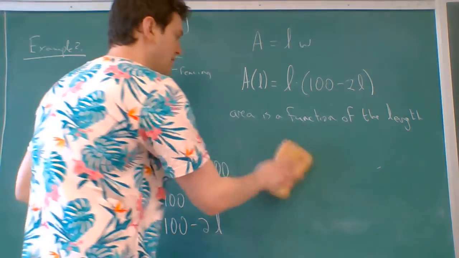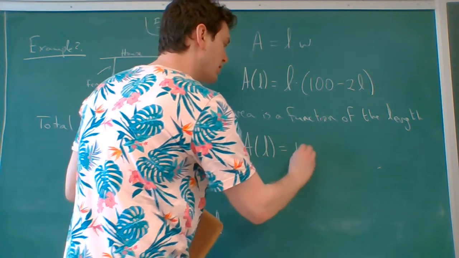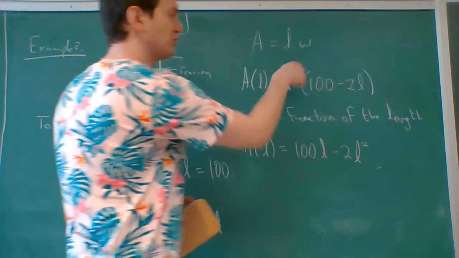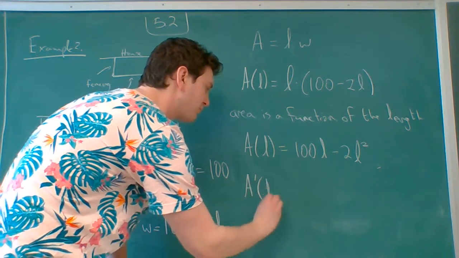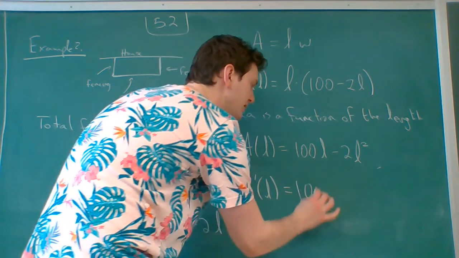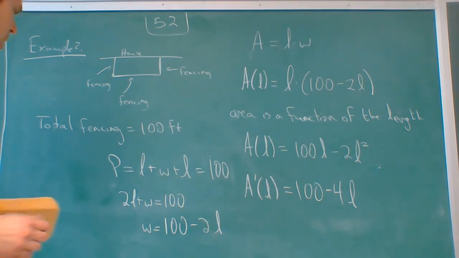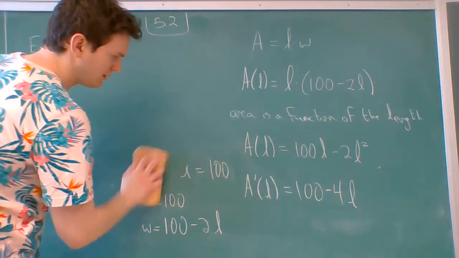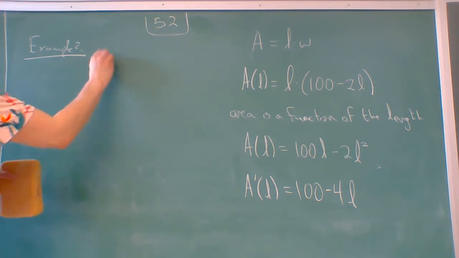How about I write A of L equals 100L minus 2L squared. Just distributing that L. It's going to make taking my derivative a bit easier, because I'll get 100 minus 4L.